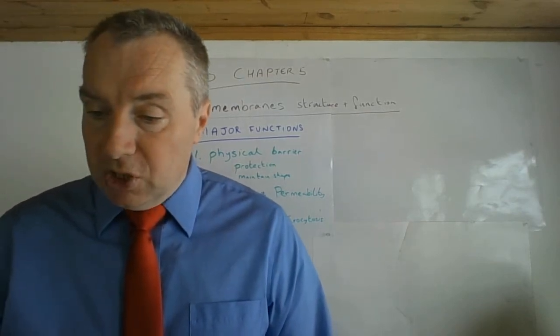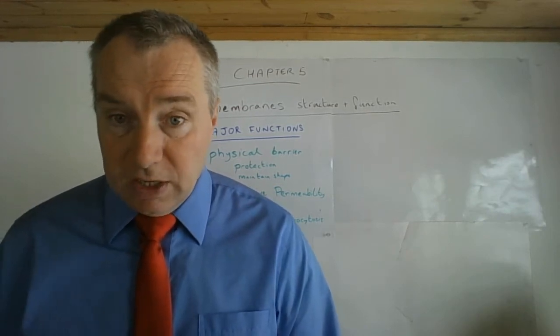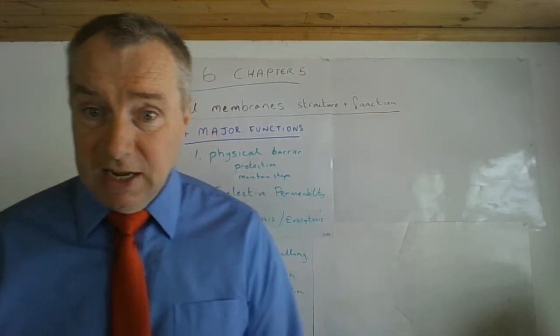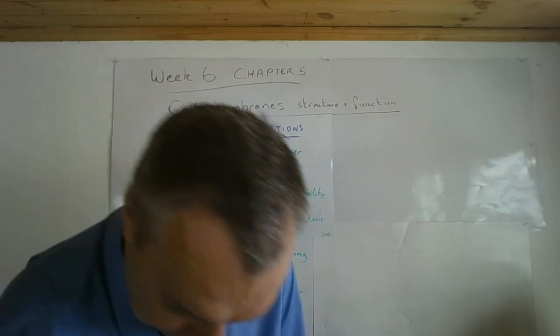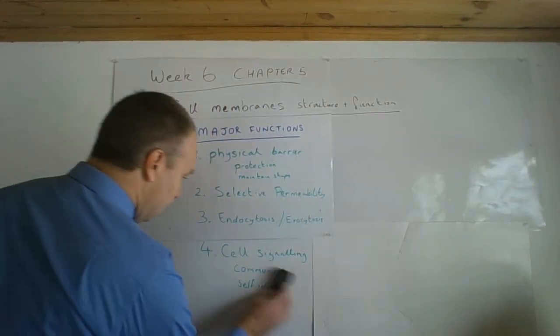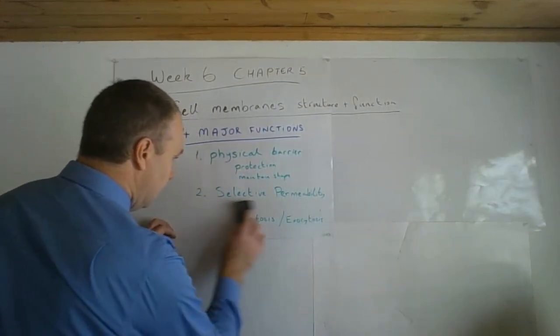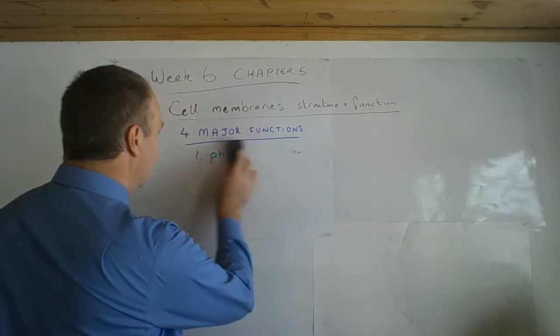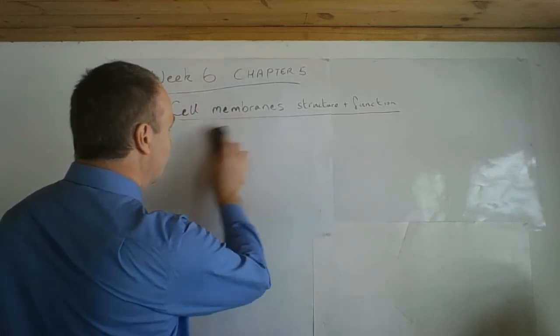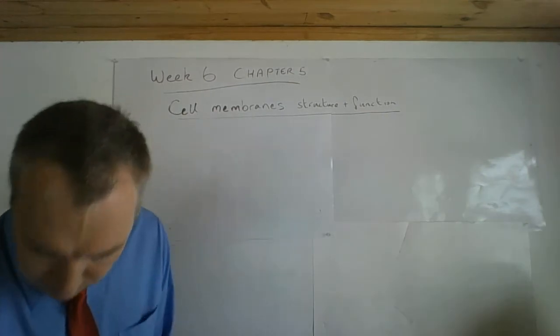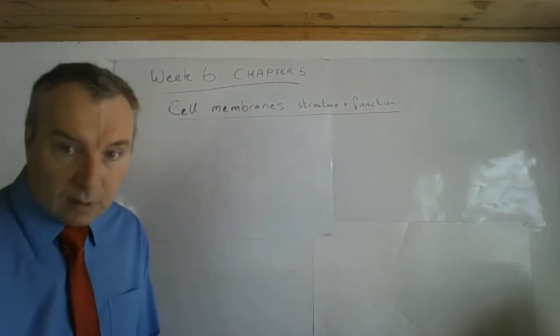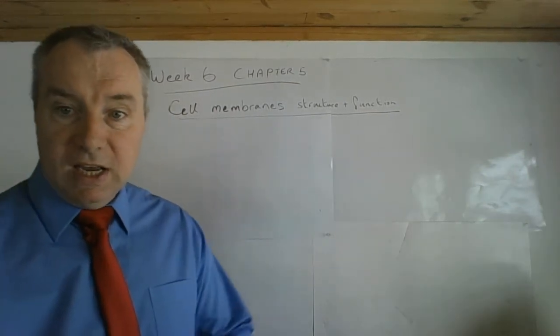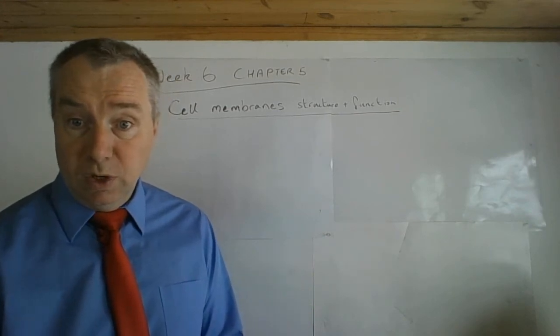So those are the major functions, and now we're going to get a look at a basic drawing of a cell membrane. So before we draw a whole load of these, I want to show you one.